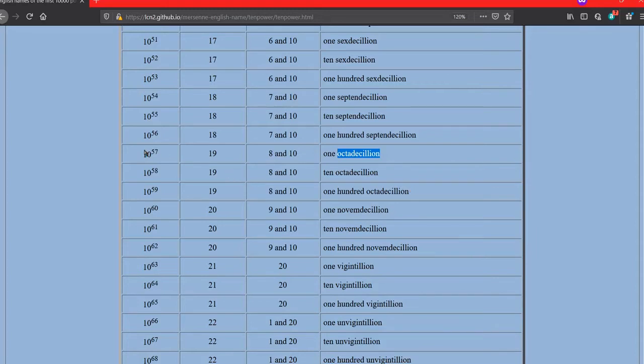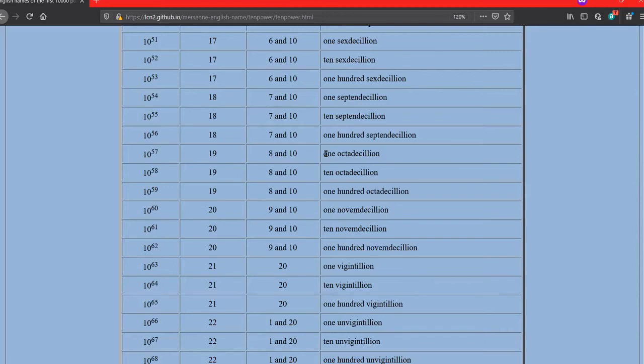That's 10 to the power of 57. Remember, once again, that does not mean 10 times 57. I'm talking about 10 to the power of 57 atoms in our star. And it's just an average star. Obviously, there are some stars smaller than our sun and some stars a lot bigger.